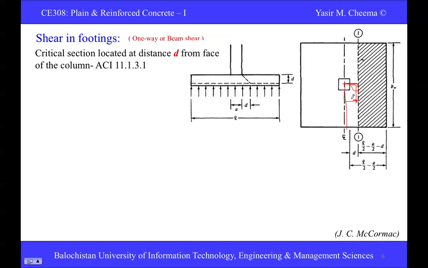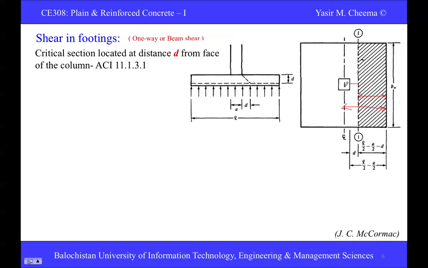We are not concerned with this one. We are interested in this distance from here to here, which is D, and we need to determine the remaining distance. L is the whole length, so from the center to the extreme, it would be L by 2.